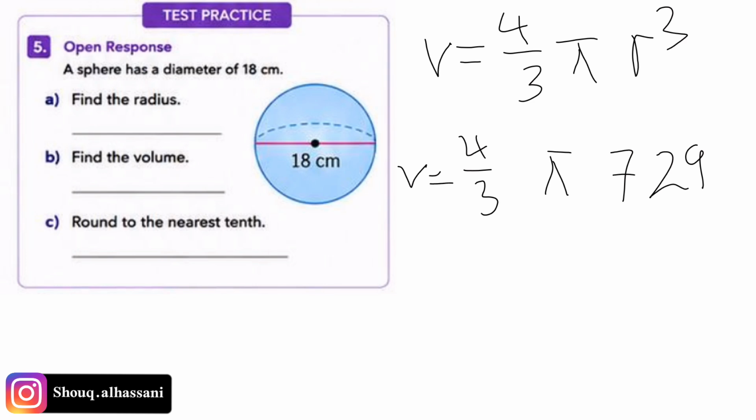And then we will multiply 729 multiplied by 4 divided by 3. It will be 972, and then we will multiply it by pi, which is 3.14.